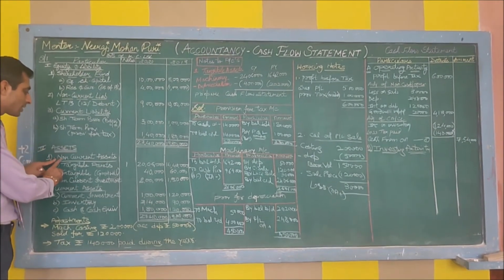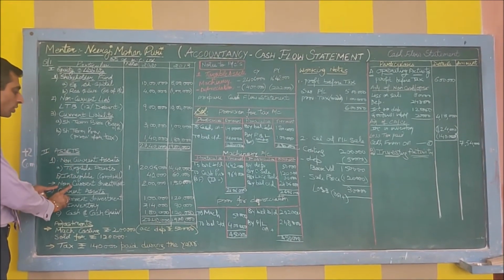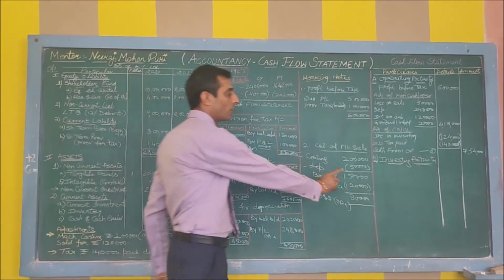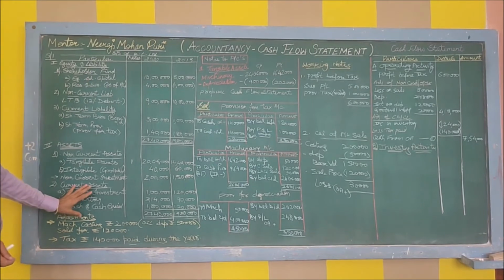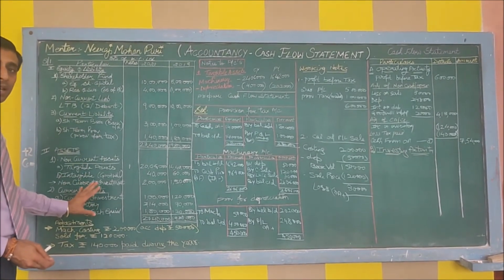Your first head is non-current assets, under which tangible assets or non-current investment. Only these two items come under investing activity. We don't show anything from the liability part. We don't show anything from current assets. So you should be careful about which information comes from where.